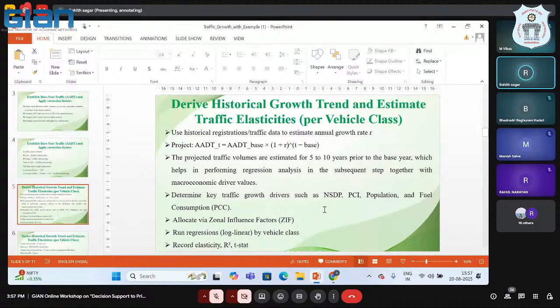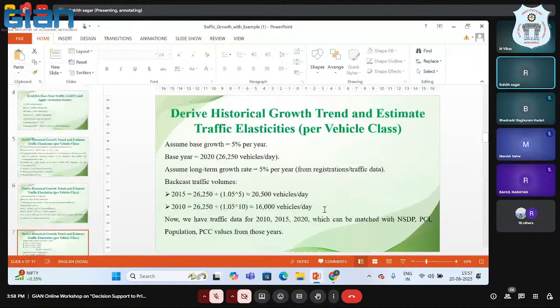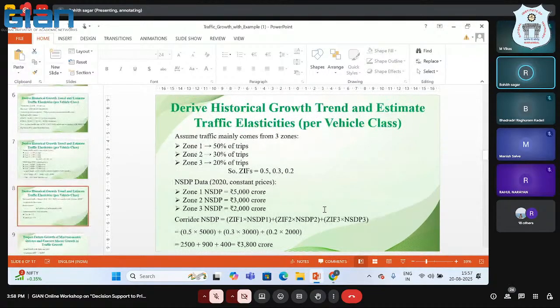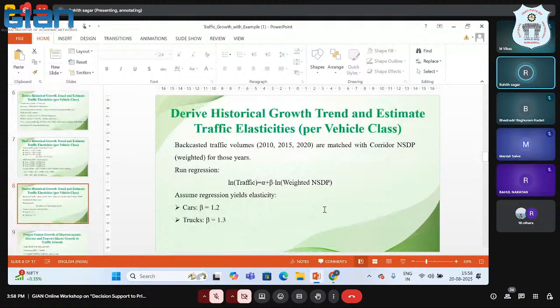With the weighted NSDP and the back calculated AADT values, when we do log linear regression for different vehicle classes, we get elasticity values. Elasticity is important because, as we observe here, the car elasticity value is 1.2. So a 1% increment in NSDP gives an increase of 1.2% in the growth rate of cars.